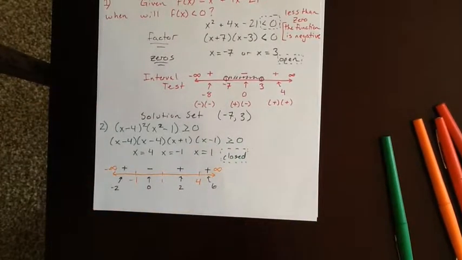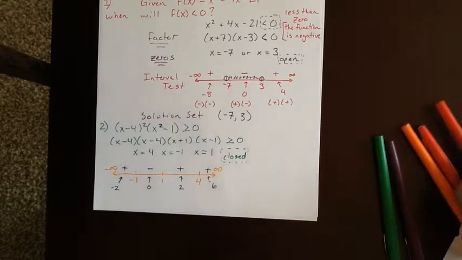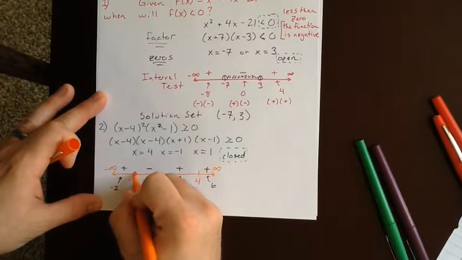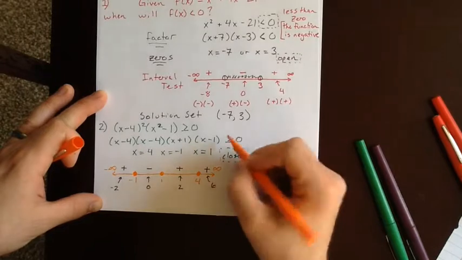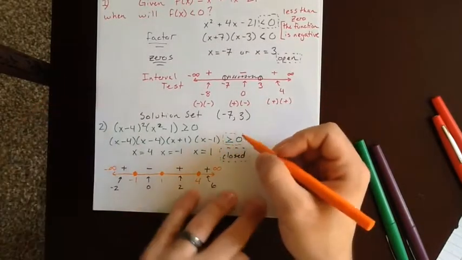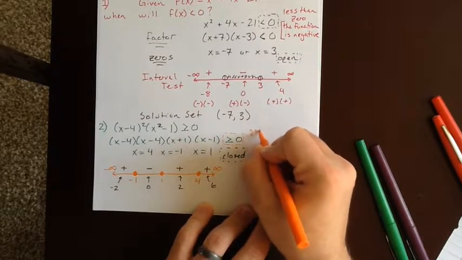Okay, so we saw here we have closed brackets at negative 1, 1, and 4. And based off of our initial problem, we are looking for when our polynomial is greater than 0.